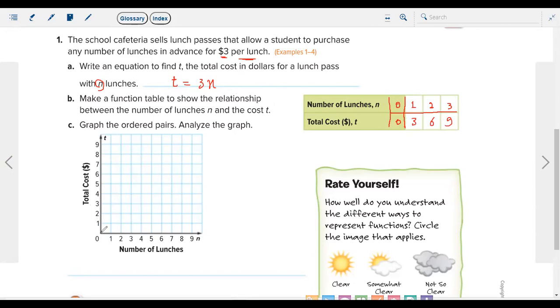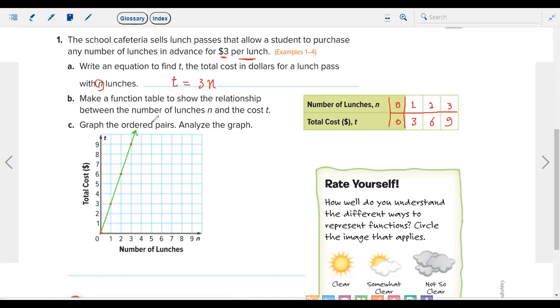So 0 and 0, 1 up to 3, 2 up to 6, 3 up to 9. See how easy? Now you can join with a line to show that it is a linear function. And you describe and say it is a linear function.